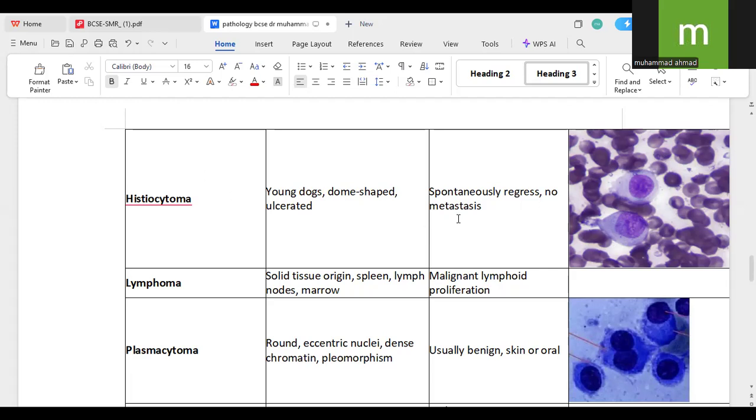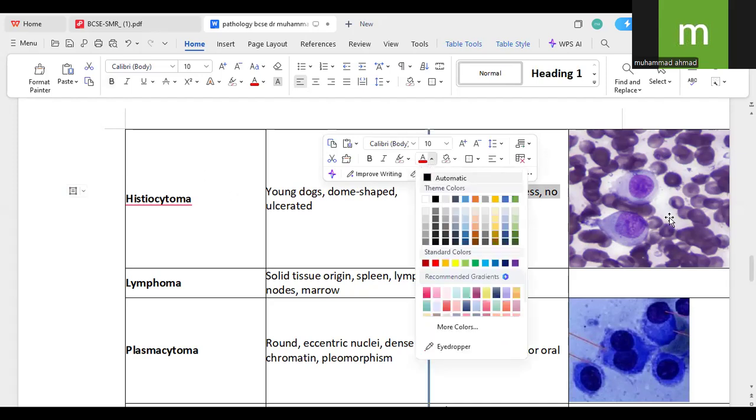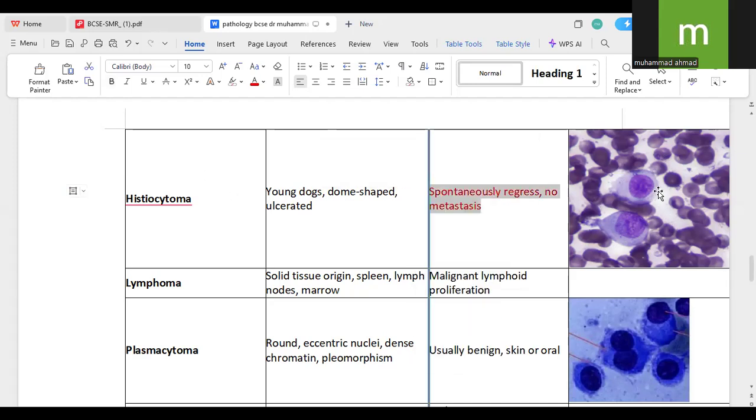Spontaneous regression. No metastasis. So this is the histiocytoma. Lymphoma. Tumor of the lymph nodes, lymph tissue, solid tissue regions, spleen, lymph nodes, and bone marrow. Malignant lymphoid proliferation. This can metastasize.